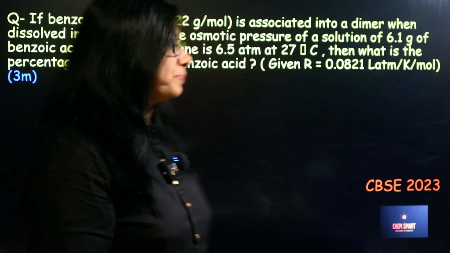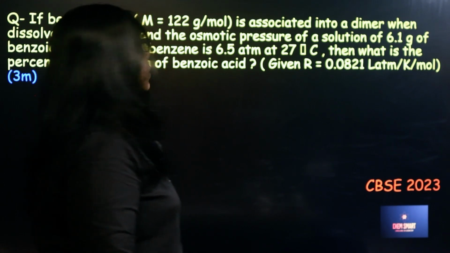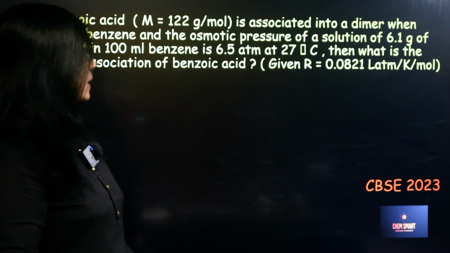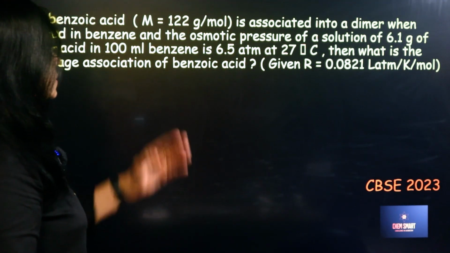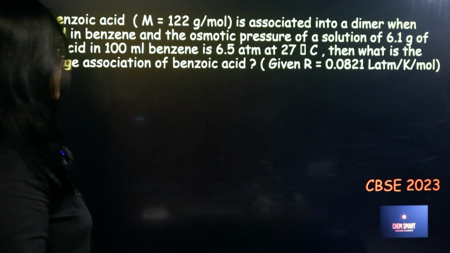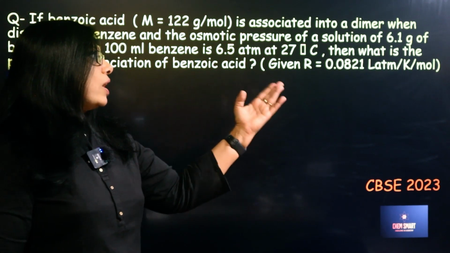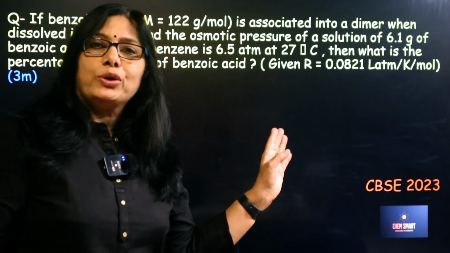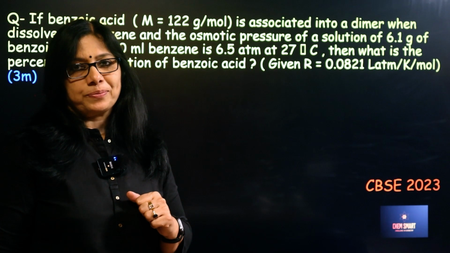If benzoic acid, molar mass 122 grams per mole, is associated into a dimer when dissolved in benzene and the osmotic pressure of a solution of 6.1 gram of benzoic acid in 100 ml benzene is 6.5 atm at 27 degrees centigrade, what is the percentage association of benzoic acid? You are given the value of R. So let's see how to deal with this question.